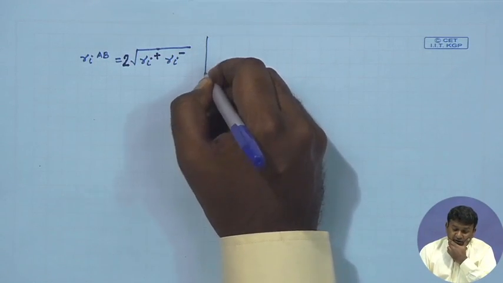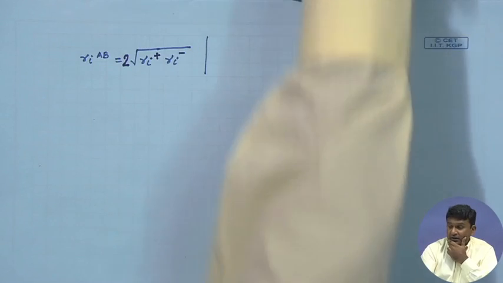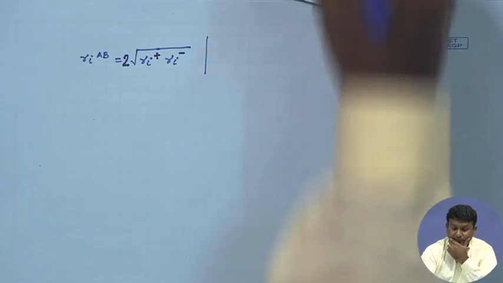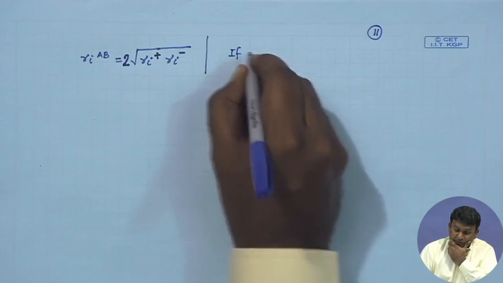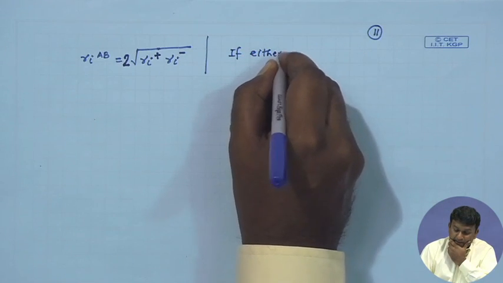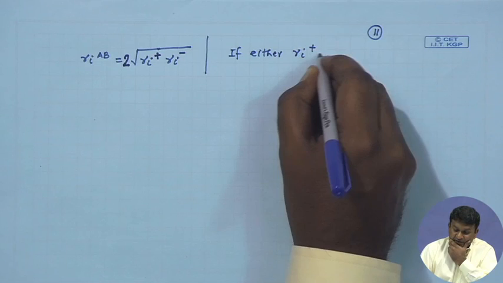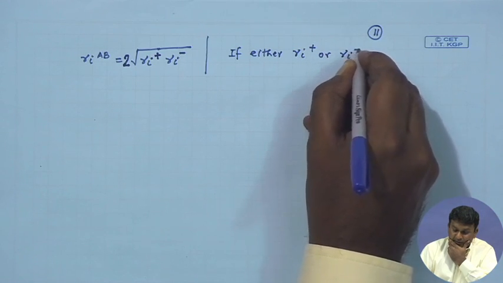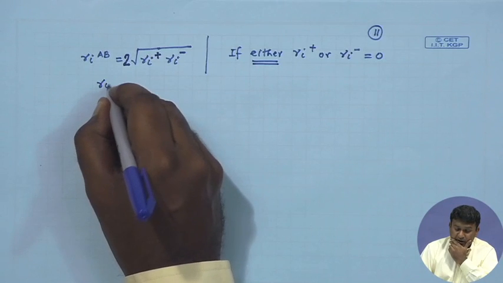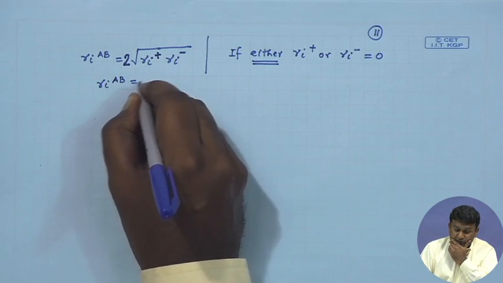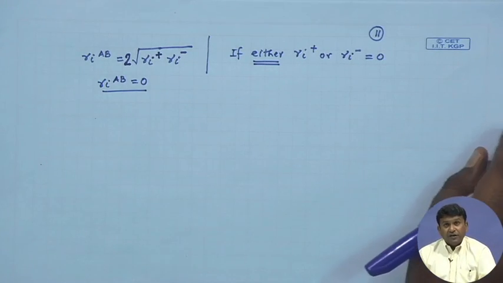One of the consequences that we in fact discussed was that if either gamma I plus or gamma I minus is equal to 0, then gamma I AB is equal to 0. So, this is very interesting.